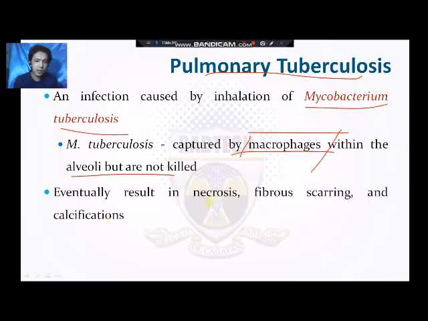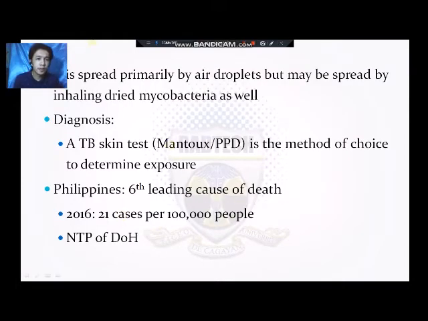Okay, so eventually it results in necrosis of the lung tissues, fibrous scarring and calcifications. Okay. So PTB is spread primarily by air droplets but may be spread by inhaling dried mycobacteria as well. Okay, so diagnosis includes a TB skin test, the Mantoux or PPD, and this is the method of choice, supposedly.